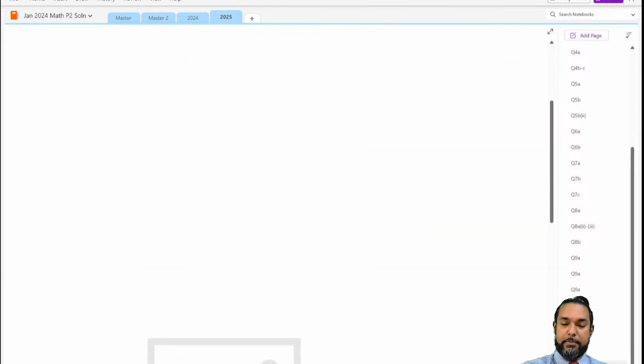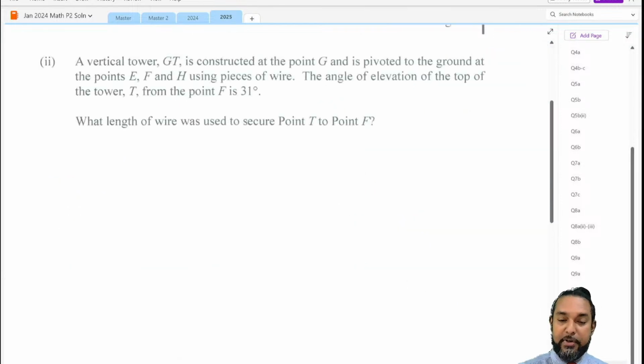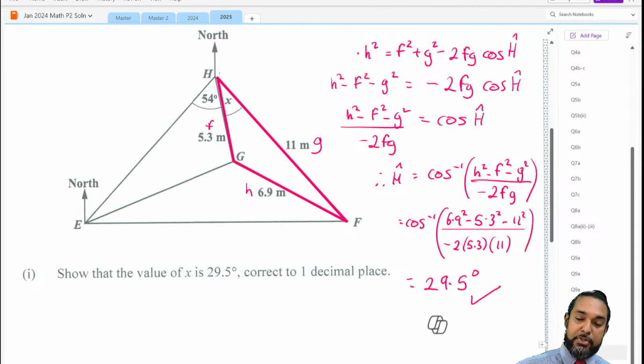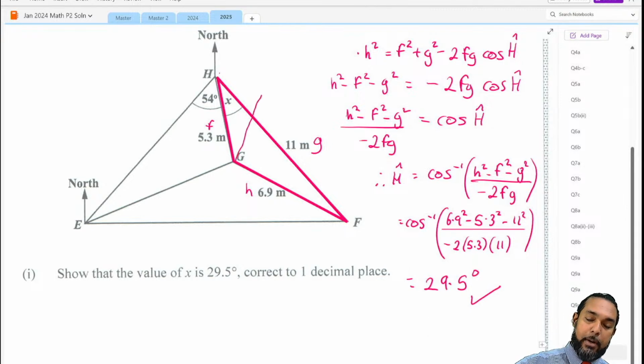The next piece they want: a vertical tower, GT, is constructed at point G. So hold on. At point G, they made a tower going up, right? Now, it's kind of weird because you don't really have any 3D perspective on the graph. But basically, what you're seeing here is flat ground, and then this tower is being built on top of that.